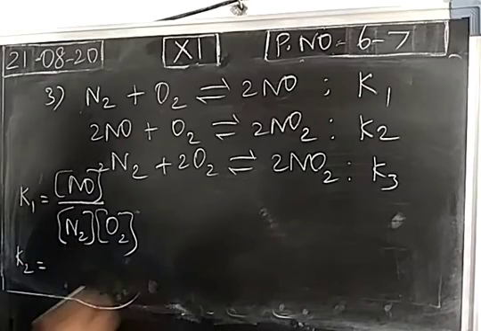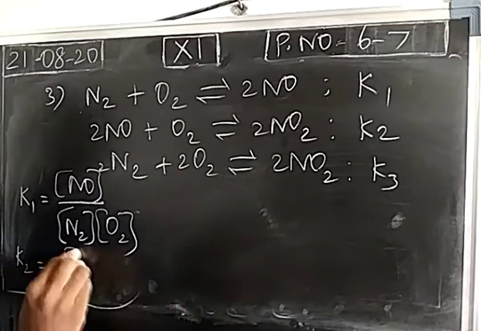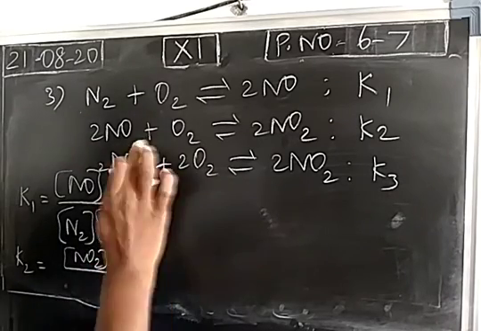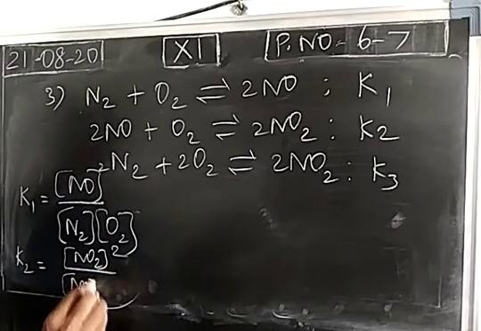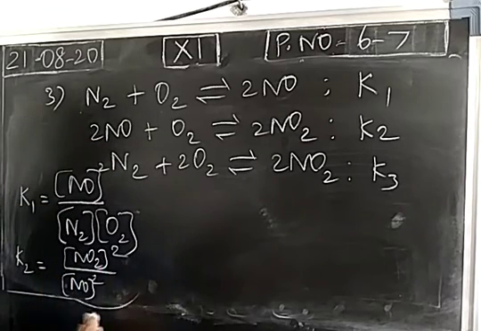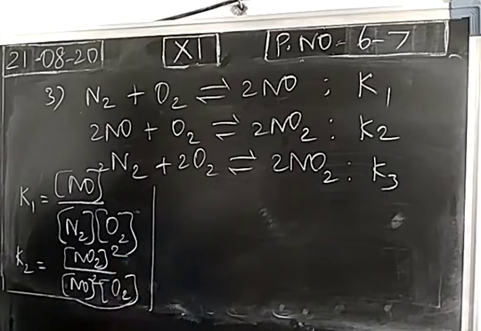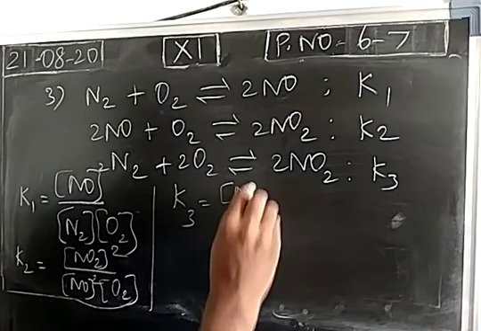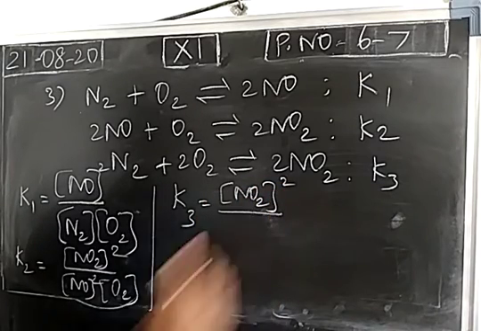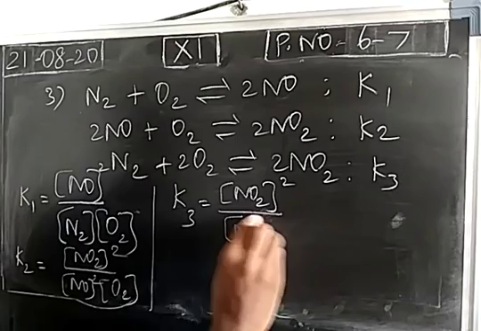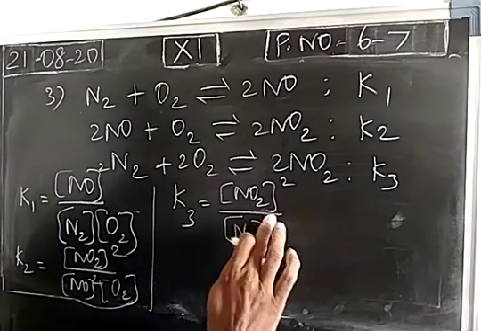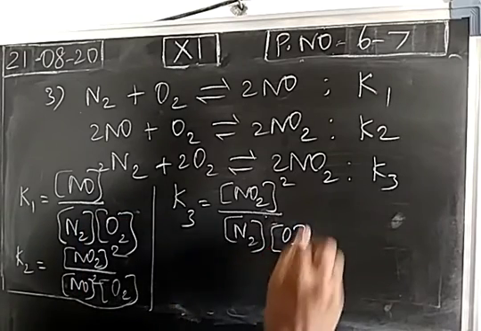K2 is equal to the concentration of product NO2 squared divided by the reactants nitric oxide squared and oxygen. Then K3 is equal to the concentration of product nitrogen dioxide squared divided by the concentration of reactants nitrogen and oxygen.